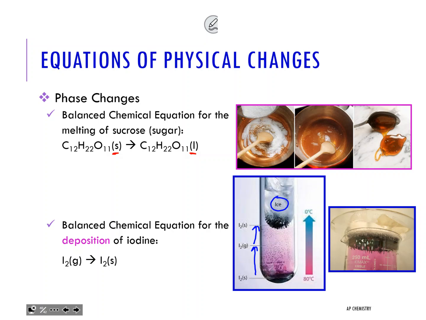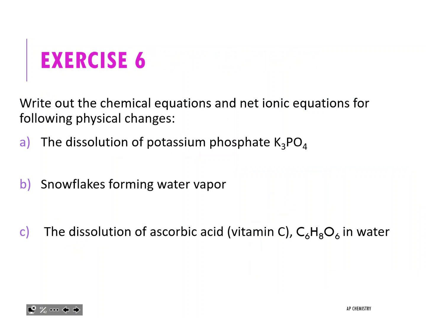So you just do gas to solid, very simple. So 3 physical changes can be represented by equations: dissolution of ionic, dissolution of molecular, and phase changes. So let's try a few real quick, see what we get.